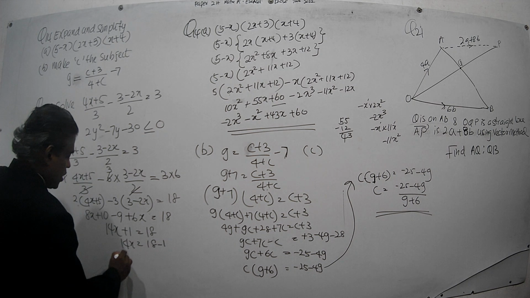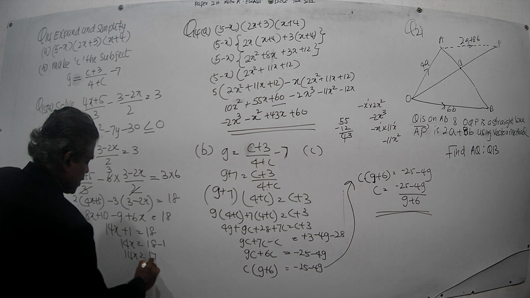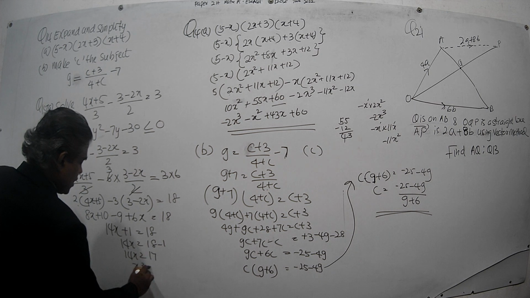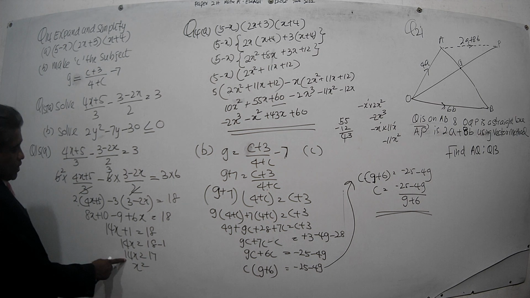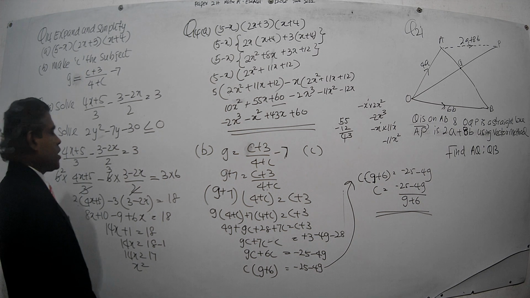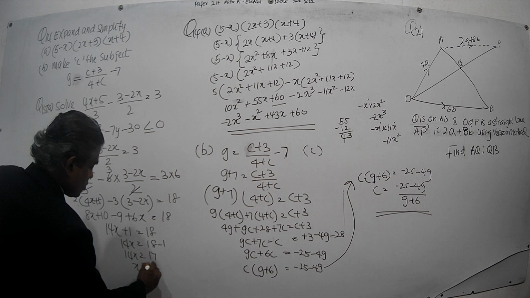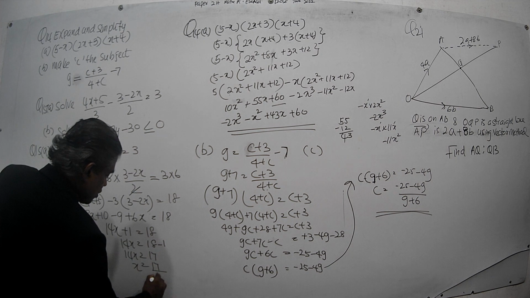Then it is 14x equals how much? 18 minus 1, 17. Then x equals, you take here 14 to that side. 14x means 14 multiplied by x. That is multiplication by 14, so it becomes division by 14. 17 over 14.